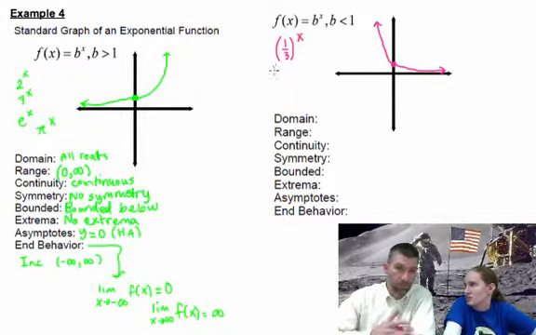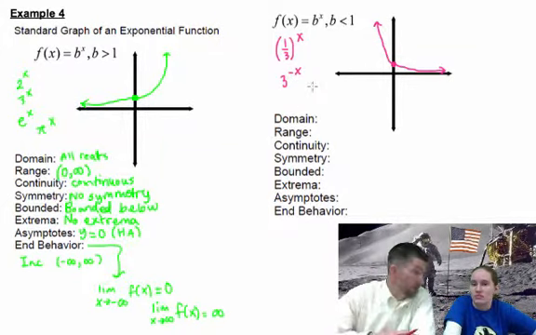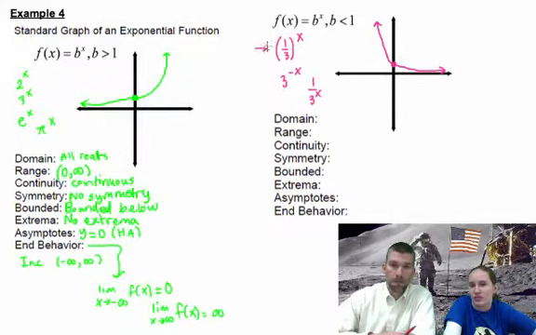Sometimes, instead of writing 1/3 to the x, they could tell you this is 3 to the negative x. That's the same thing. Or they may even say (1/3) to the x, which looks a little weird, but it's the same situation, because we could rewrite it in a way that shows b is actually less than 1.